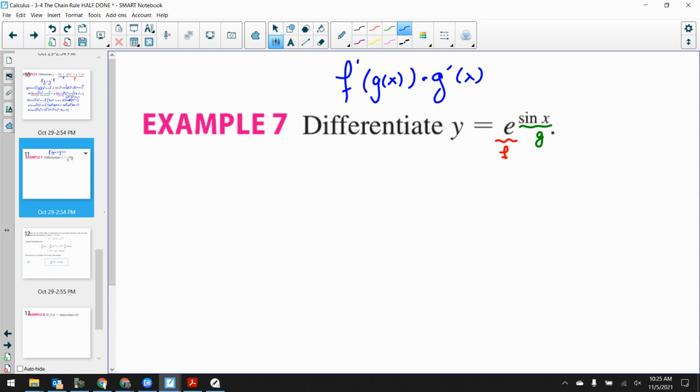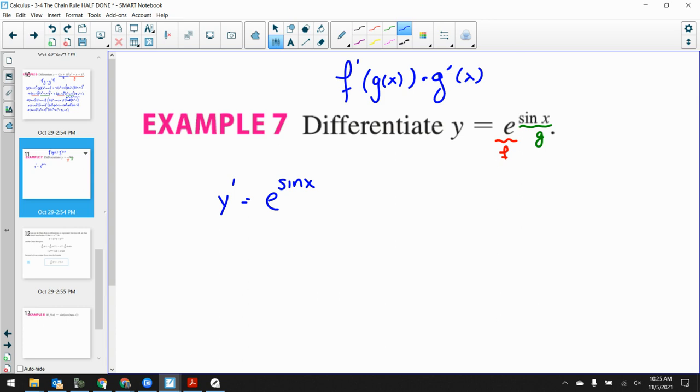All right, so now when I take f prime, what is the derivative of e to the something? E to that something, right? Derivative of e to the x is e to the x. So when I take y prime, this first chunk is just the exact same thing that I see there. E to the sine x.